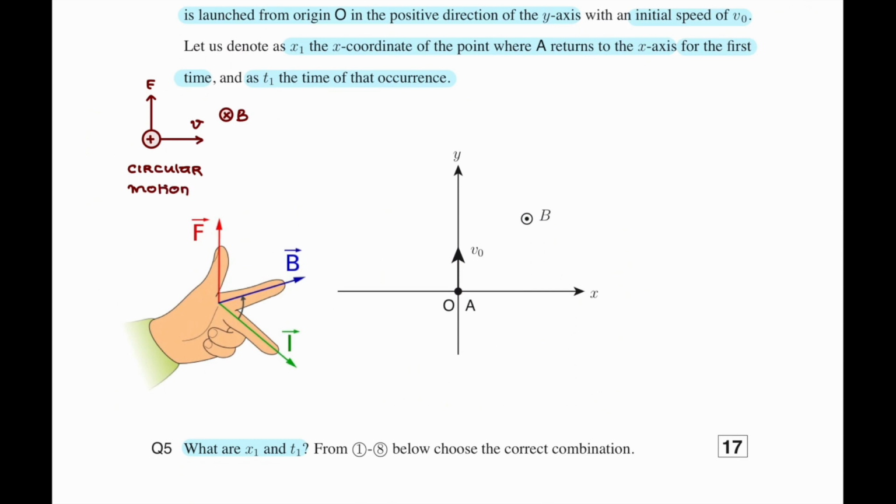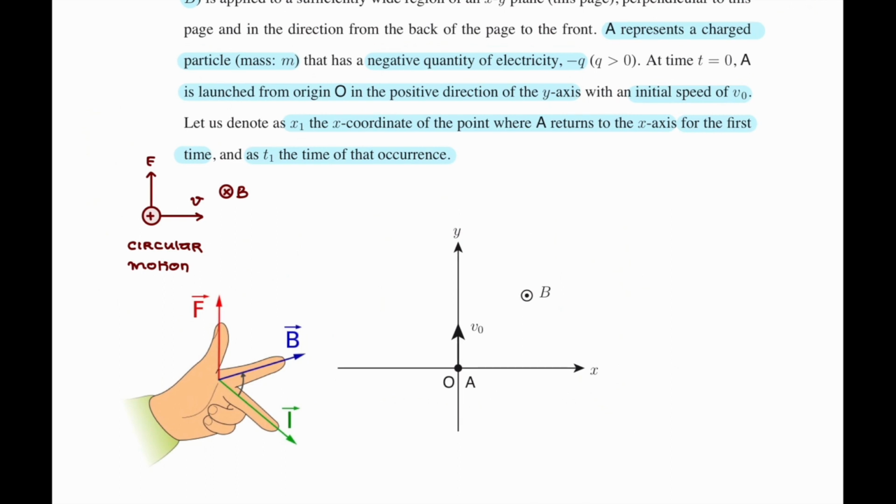That's why, if we move to the diagram in this question, since I have a particle moving in the magnetic field, there will be a magnetic force acting on it, and the magnetic force will provide the centripetal force, so that this particle will move in circular motion.